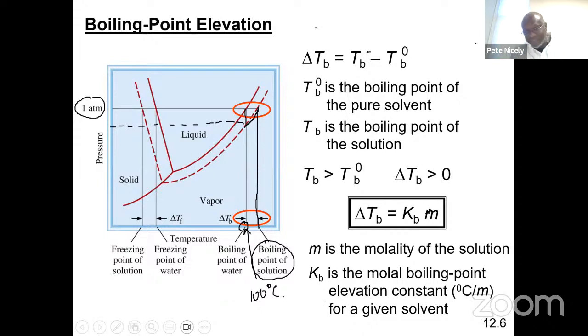It's related to the solvent. In your textbook, they have another fancy term for KB. It's called the ebullioscopic constant, all right? So that's the relationship between the boiling point elevation, the molality, and KB. Okay, so that's basically dealing with the boiling point elevation.